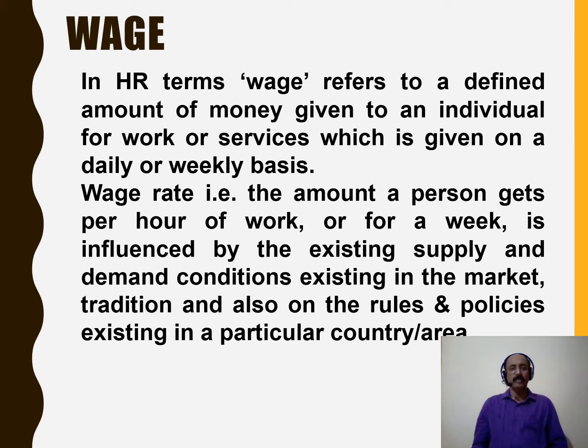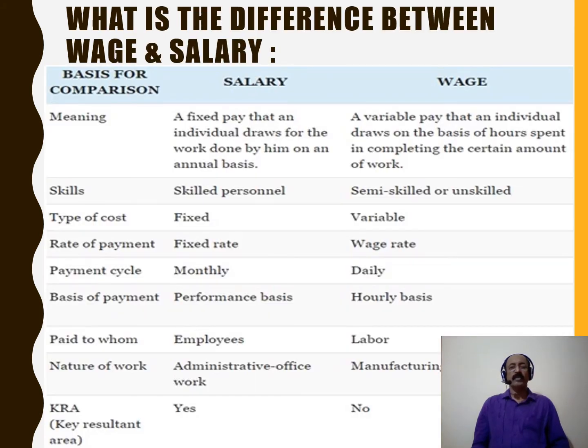Let us look at the difference between wage and salary. Salary is a fixed pay that an individual draws for the work done on an annual basis, whereas wage refers to hours spent in completing a certain amount of work and may be measured on a daily or weekly basis.